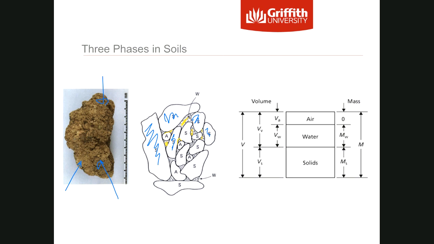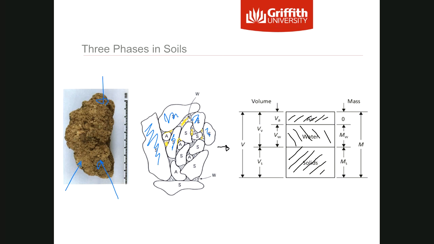So we have three phases: solids, water, and air. What we're going to do next is simplify this soil structure and only look at the substances. We have a certain amount of solids, a certain amount of water, and also air in that pore space.